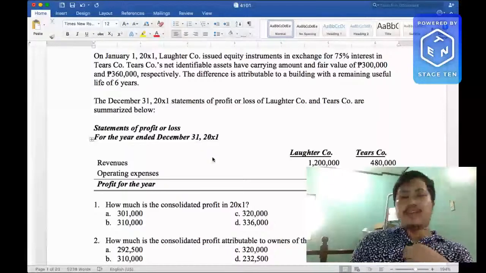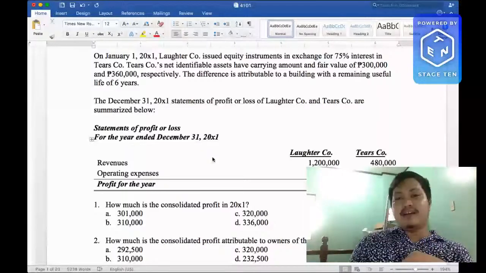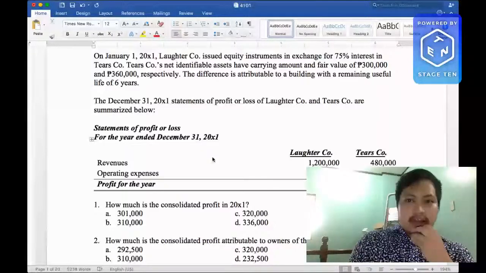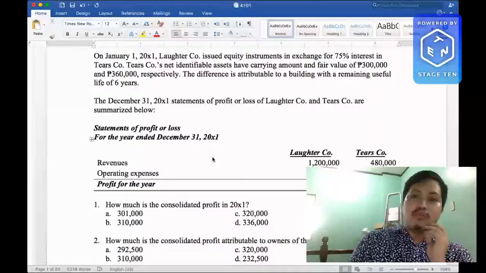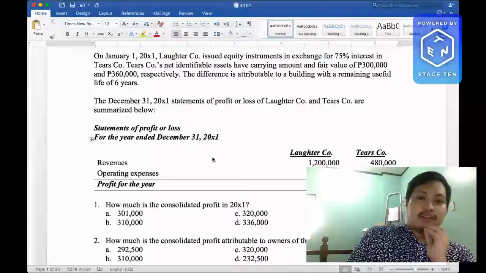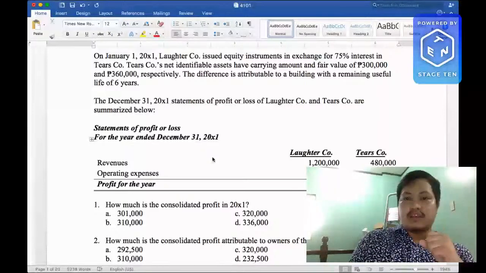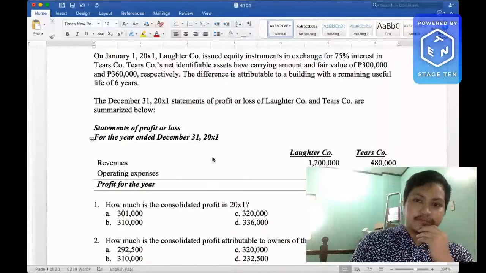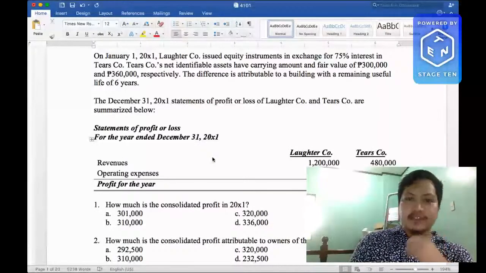So in this case, if the subsidiary has a building with a book value of 300,000, the related depreciation in the eyes of the subsidiary would be 300,000 divided by 6. So that would be 50,000.